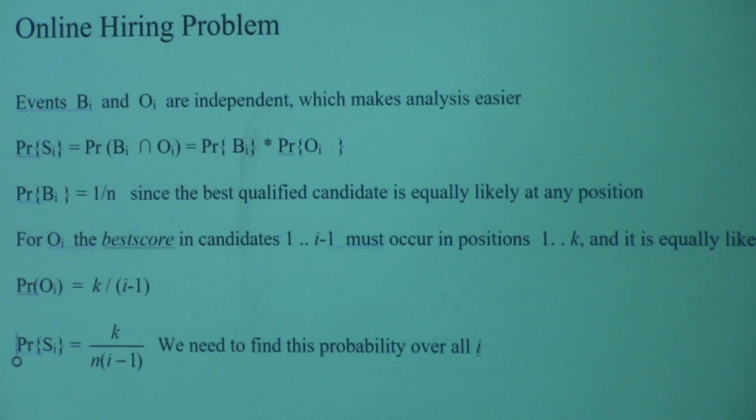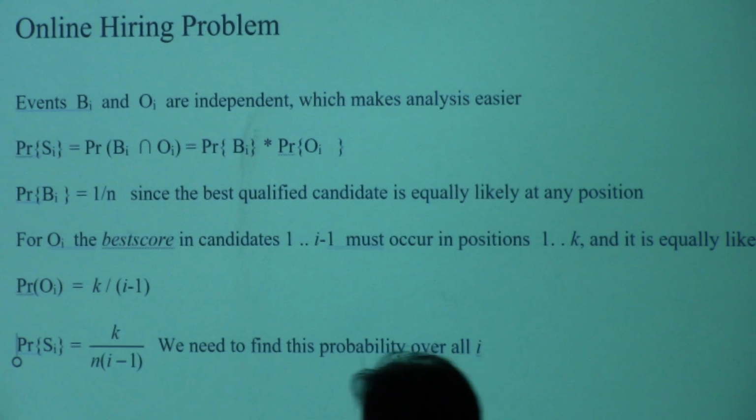They're equally likely, so there's a 30% chance. Okay. So therefore, the probability of S sub I is equal to k divided by n times I minus 1. We need to find this probability for all I. So what is the probability of S sub I?